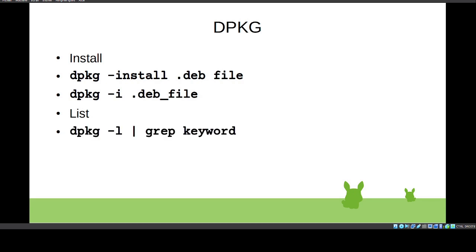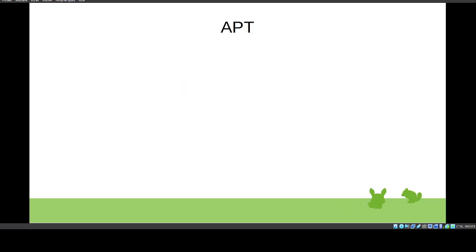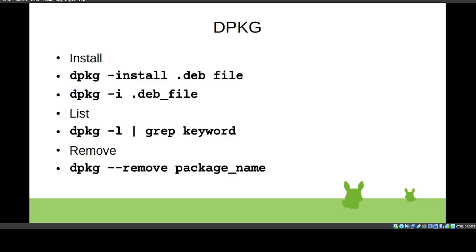You can list the installed packages using dpkg -l, and you can add a grep command to search for a specific software. You can remove software and you use dpkg --remove and the package name. I will show you first how to do it.